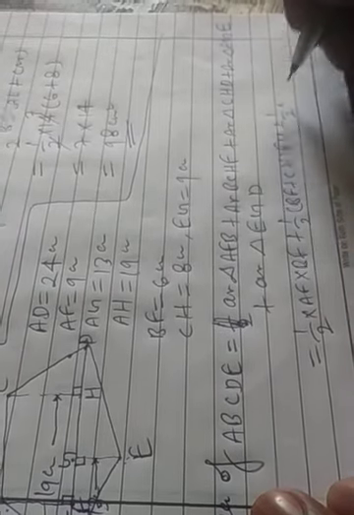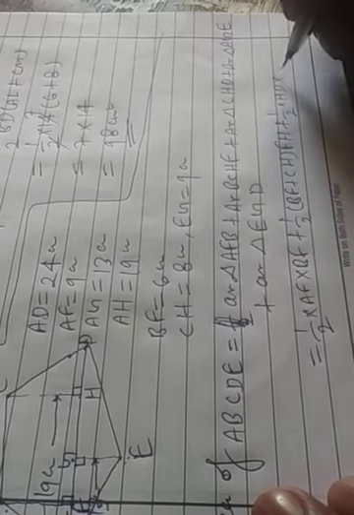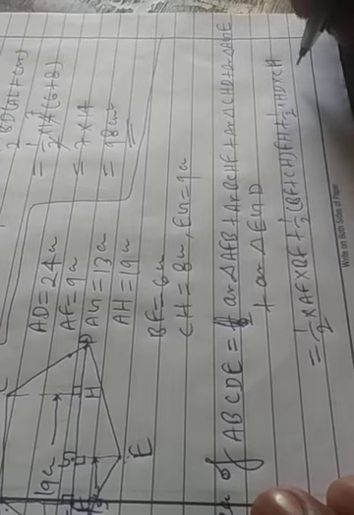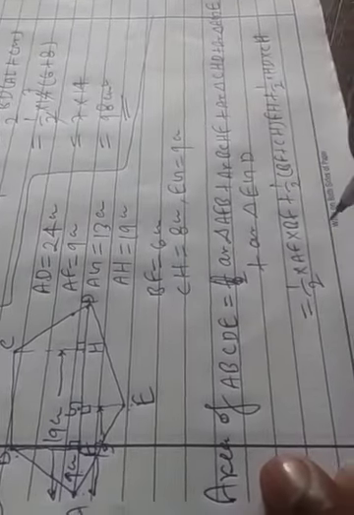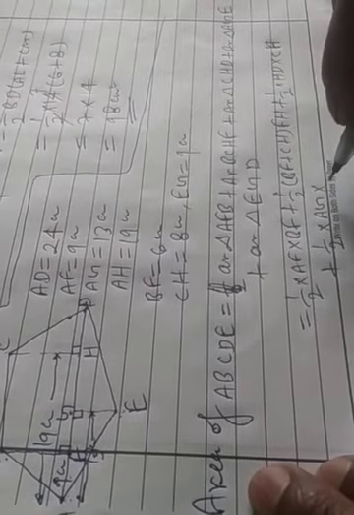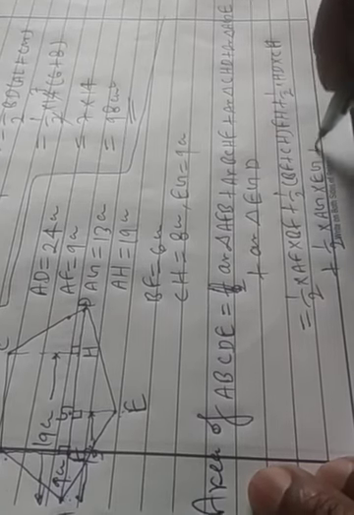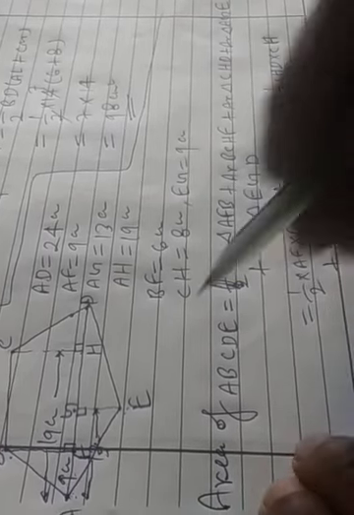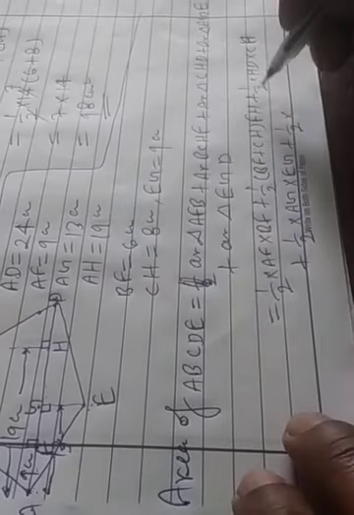And area of triangle AGE, we can write 1 by 2 into AG into EG, and plus the last triangle, area of triangle EGD, we can write 1 by 2 into GD is the base and EG is the height, GD into EG.